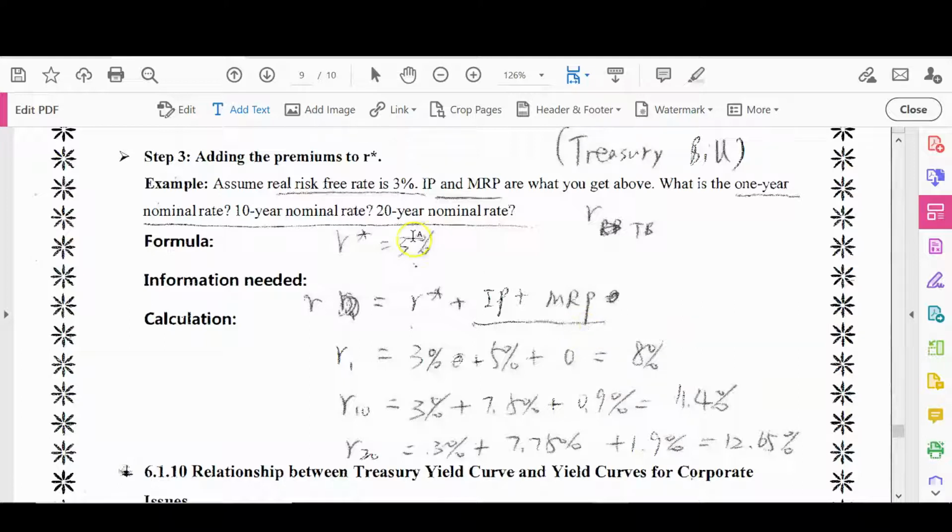In this question, R star, the real risk-free rate, is 3%. It's given. For the 1-year bond, the nominal rate is 3% plus IP that we calculated in step 1 as 5%, plus MRP we calculated from step 2 as 0. So we have a nominal interest rate for a 1-year bond of 8%.